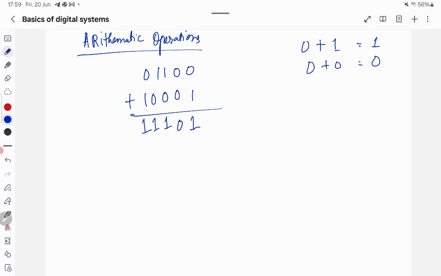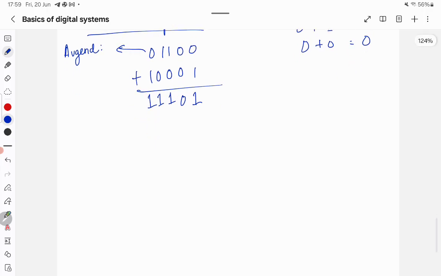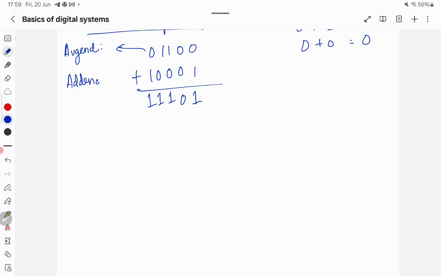This is the answer. This is called the augend, and this one is called the addend. This one is the sum.